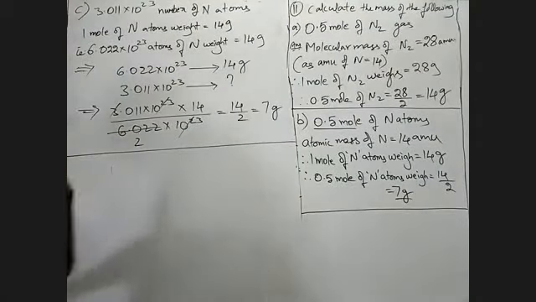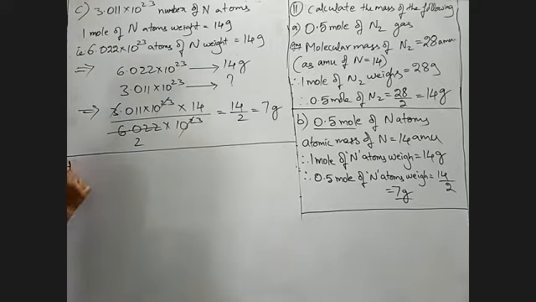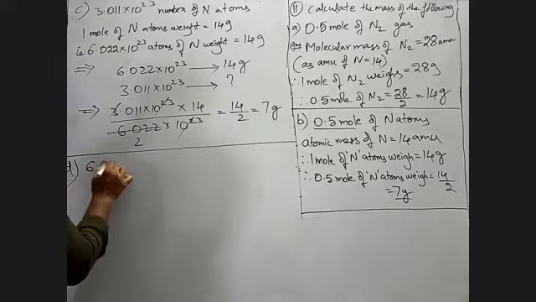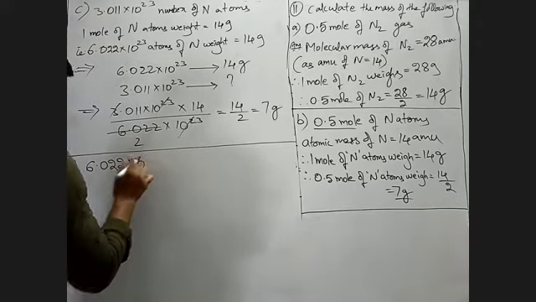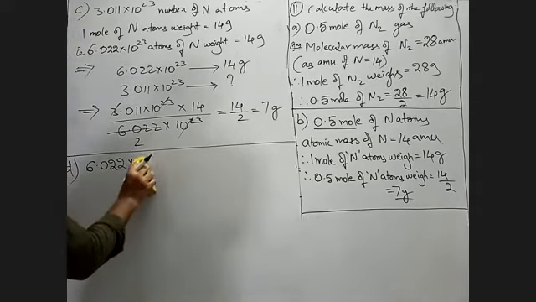Anything given? Next one is C. C is over. Then what do we have? D. What is given in D? 6.022 into 10 power 23 number of N2 molecules.